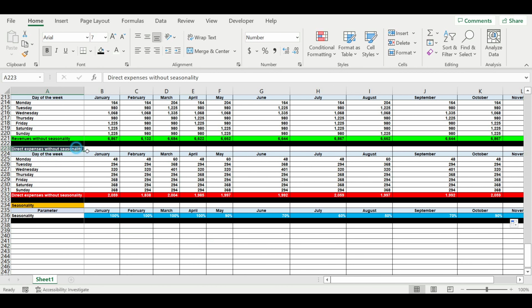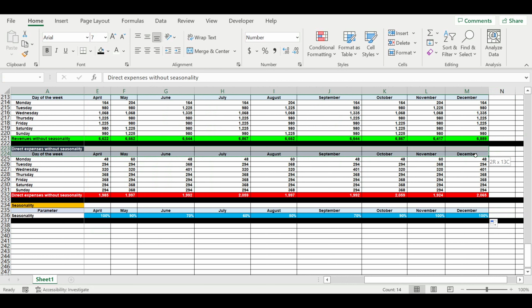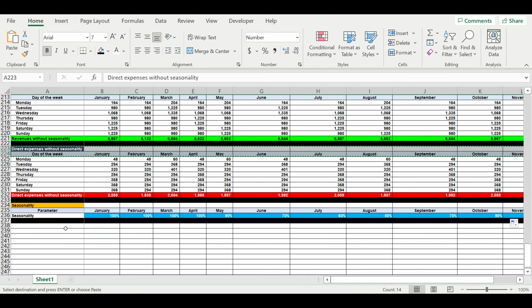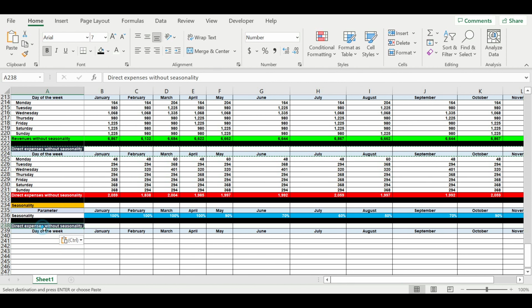And now we will add seasonality parameters to the revenues and direct expenses.